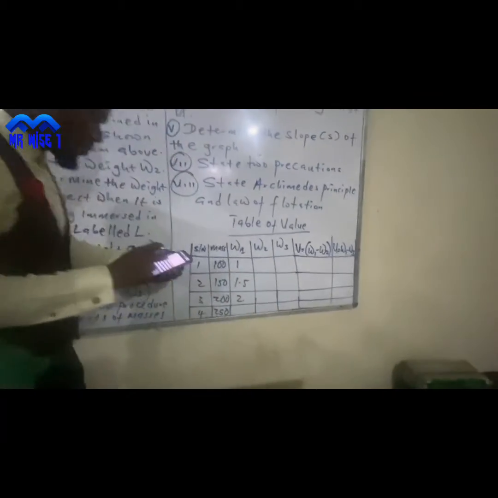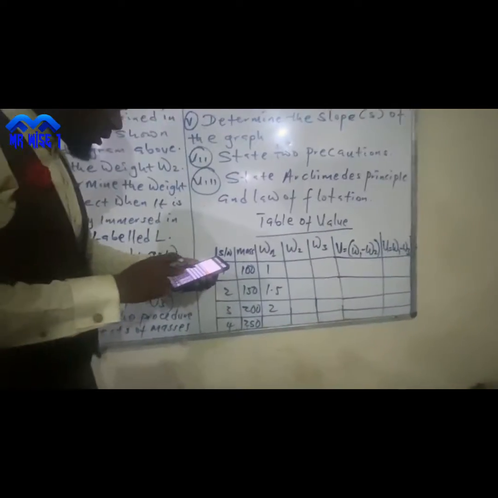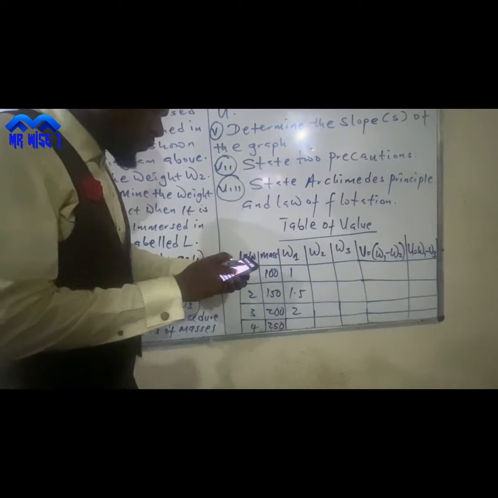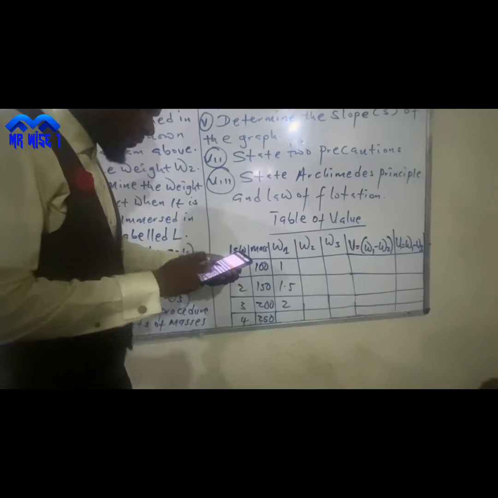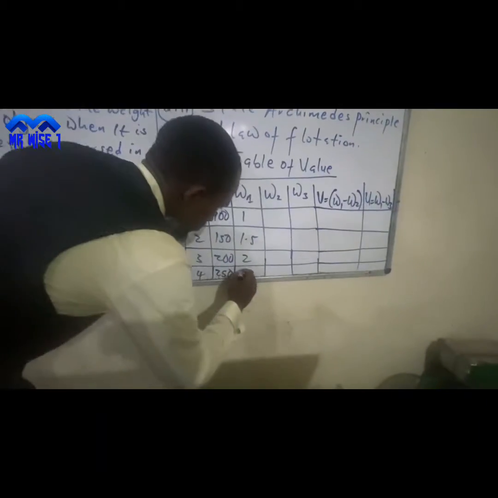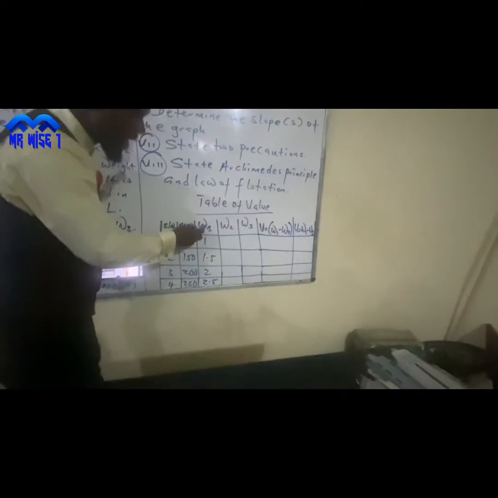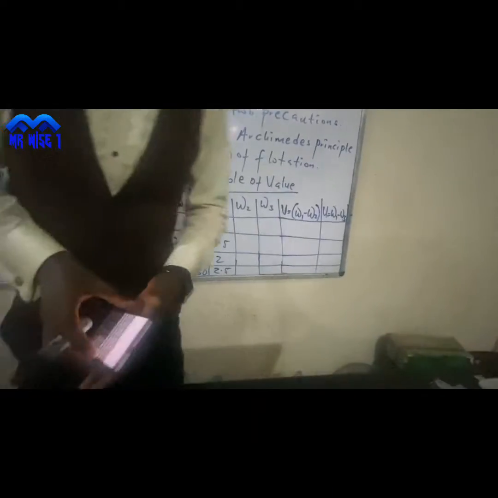The last mass is 250 divided by 1000. I have my 0.25. 0.25 times 10, I have my 2.5. So this is my weight in air.